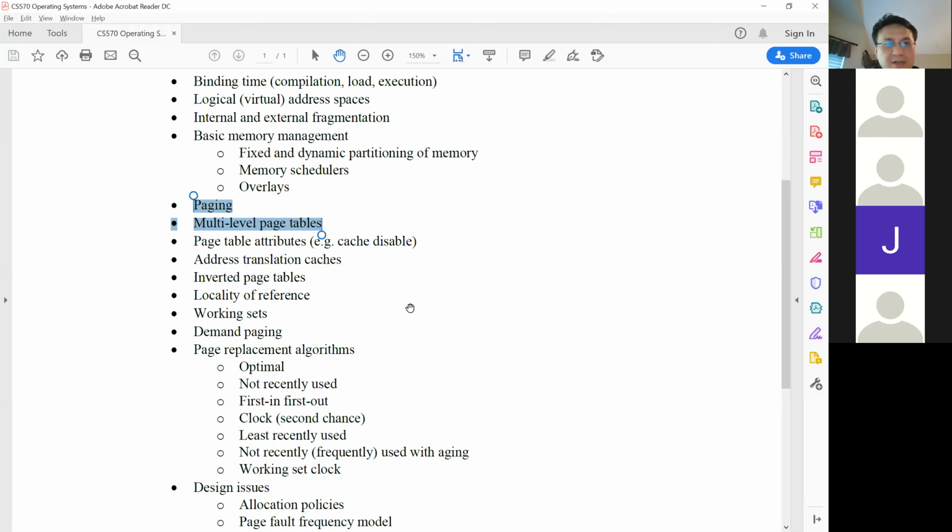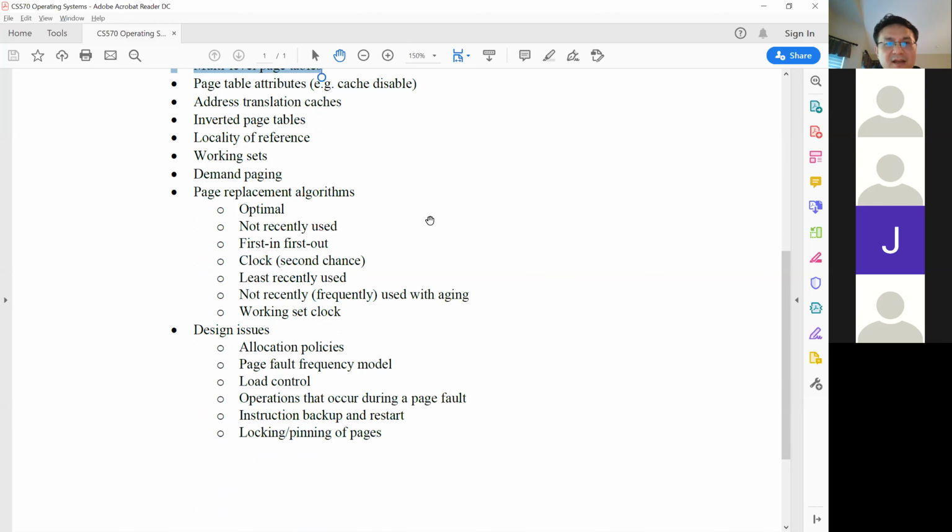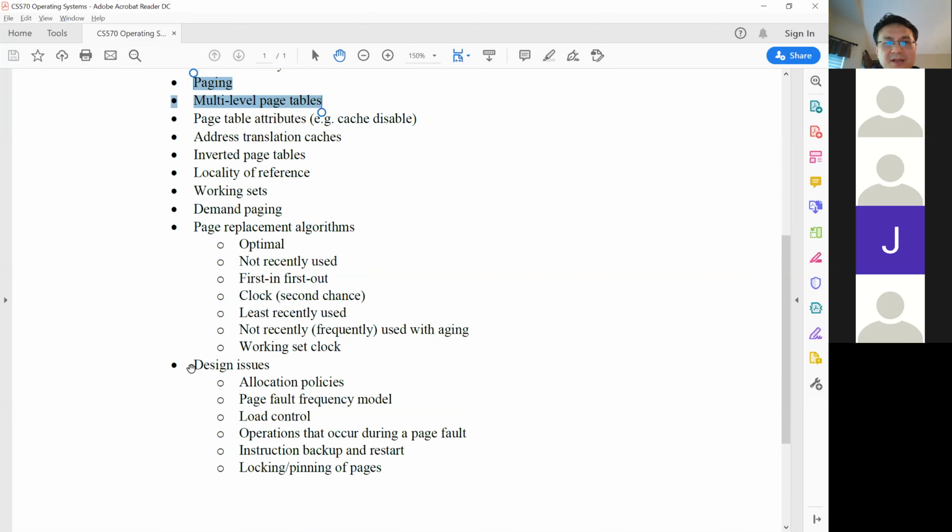Any other particular questions? And also, I would say the page replacement algorithms, that's also very good test material.